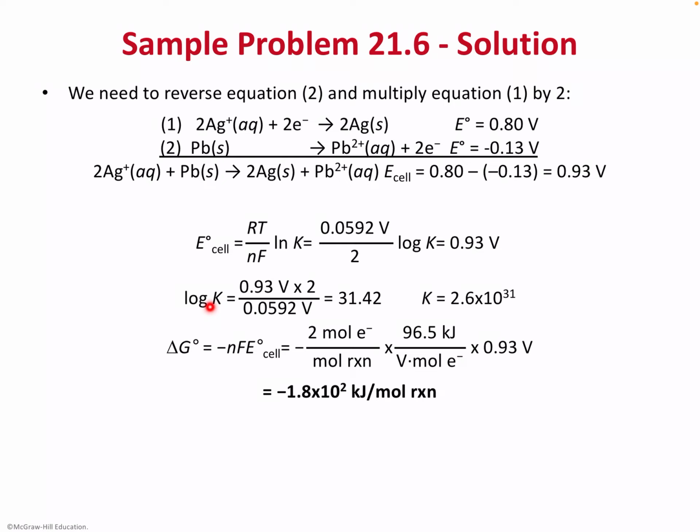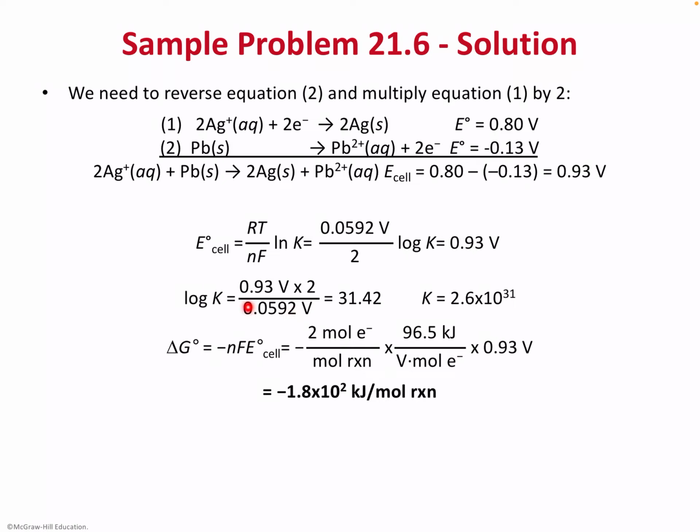So then the log K would be, okay, the other way around. So log K is this side. So then the log K would be 0.93 times 2 over 0.0592.